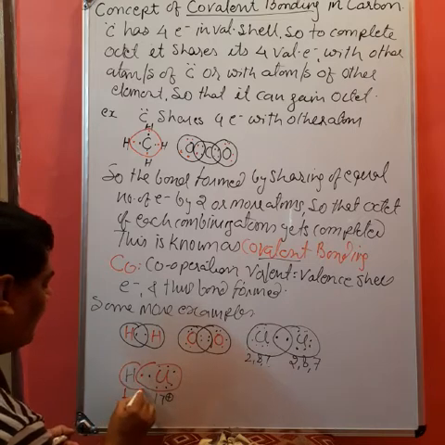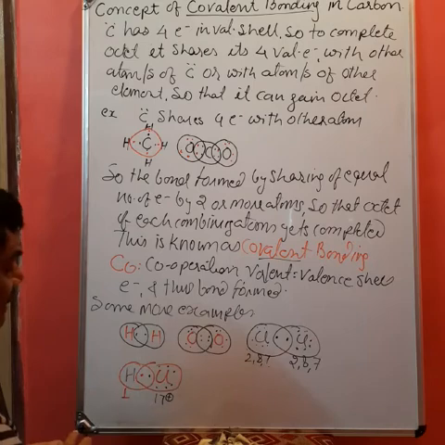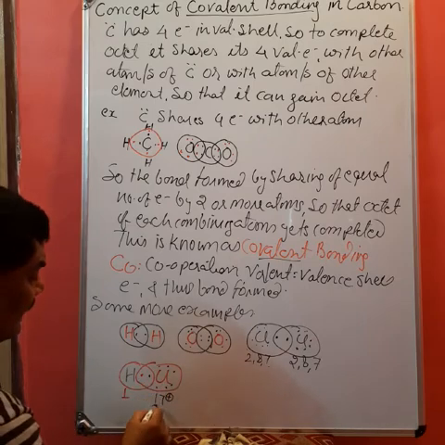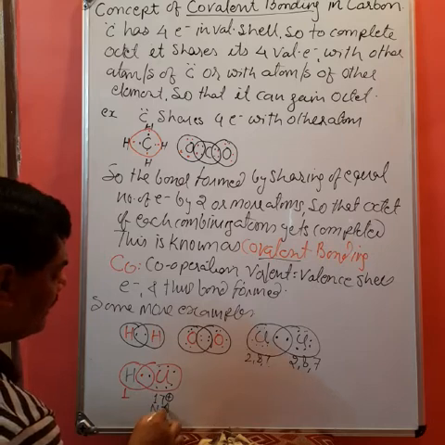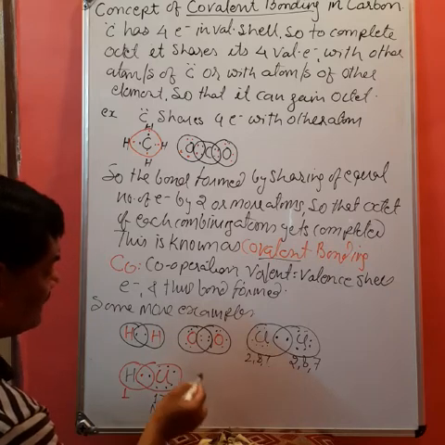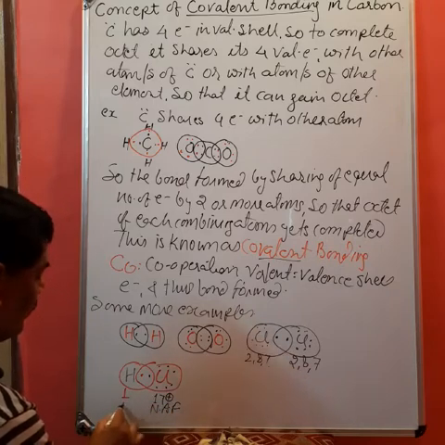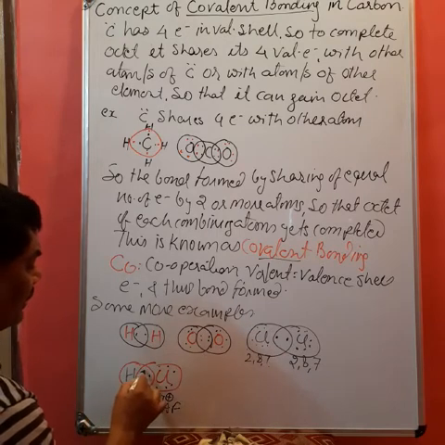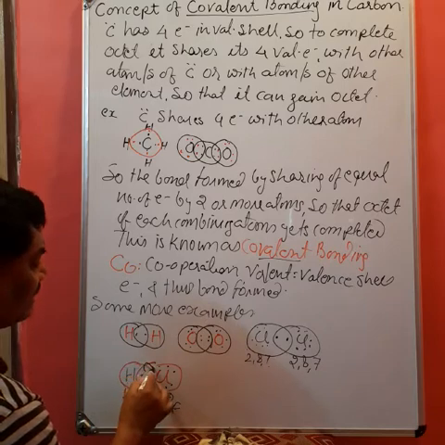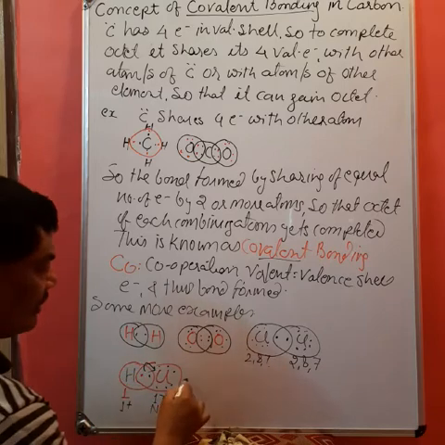That means HCl. But in HCl, the Cl has 17 protons. That is, its nuclear attraction force is quite strong as compared to the nuclear attraction force of hydrogen. Therefore, these shared pair of electrons are slightly what?